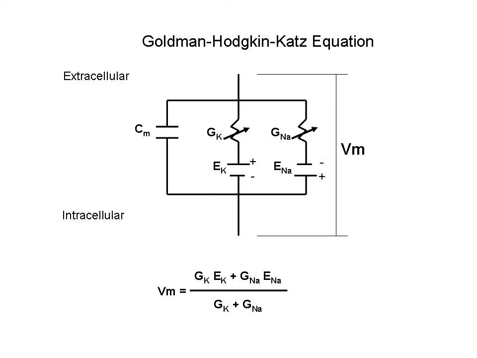It's caused by the concentration difference between the intracellular and extracellular solution. Here we represent this driving force as an electrical driving force, but it's actually a chemical one. The potential is not electrical but chemical, but it's represented here with a battery. And you divide this expression with the sum of all conductances.